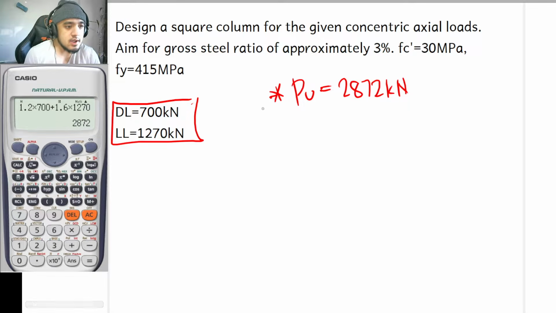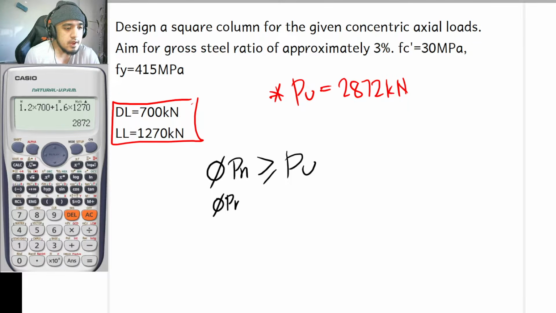Our basic design principle for USD is that the value of our phi Pn, or our design strength, should be greater than or equal to our required strength Pu. So with such, our phi Pn should be greater than or equal to 2872 kilonewtons. But for us to check for the most economical section, we will be making use of the minimum Pn.